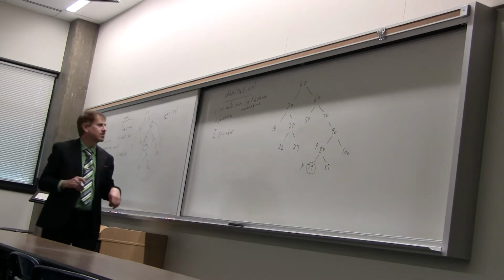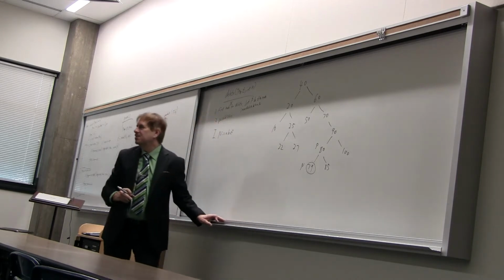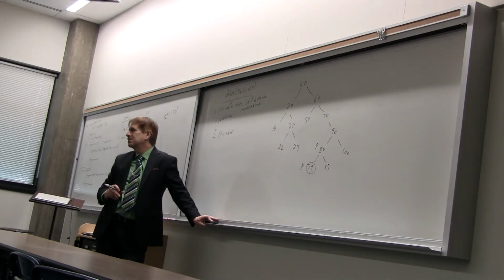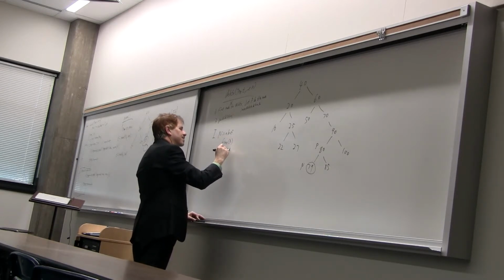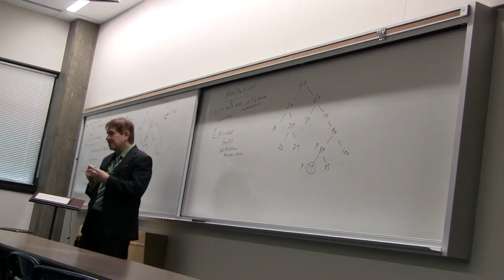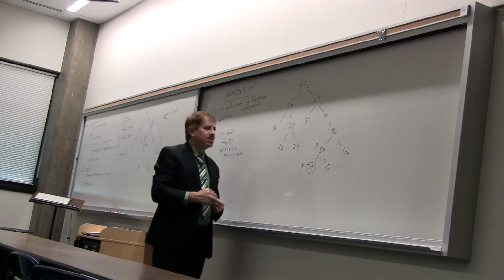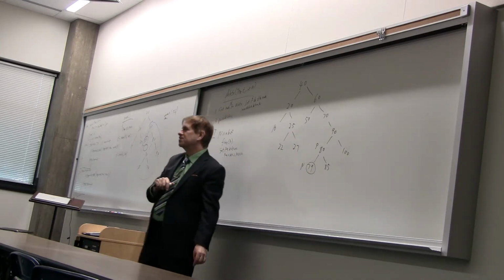If n has no children, just set P's child to be equal to null and free n. So free n, set P left or right equal to null. And we need to know not only the previous node, but we need to know to get from the previous node P to the node n, did we go to the left or the right?